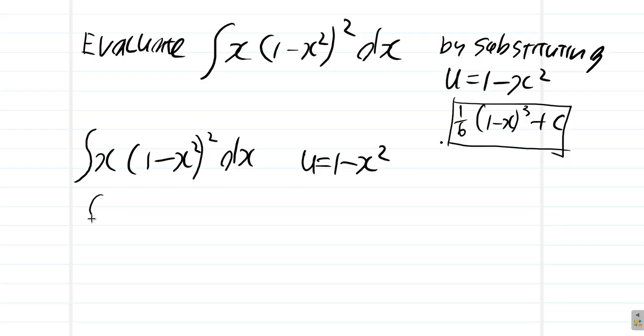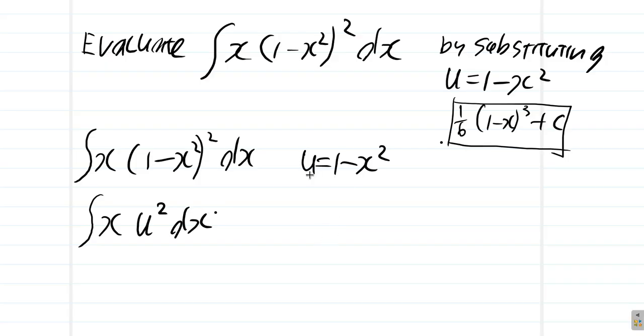What that means is that you're integrating x times u squared dx. Now the aim is to write it as an integral of a function of u with respect to u. So you're going to have the integral of u along with any numbers that are there, du, alright?